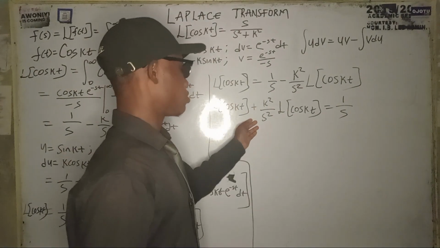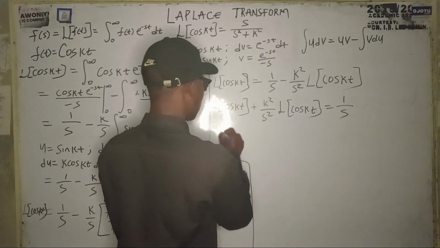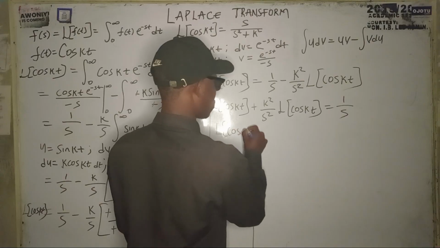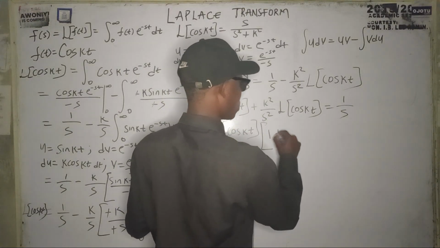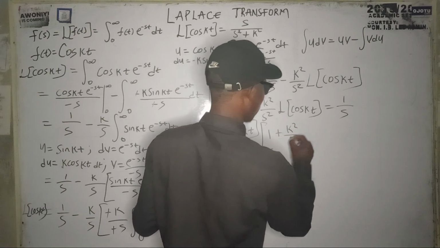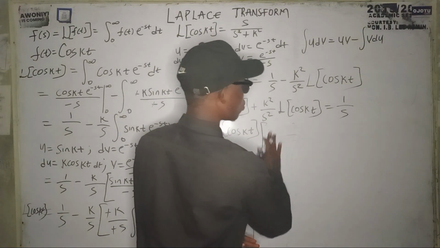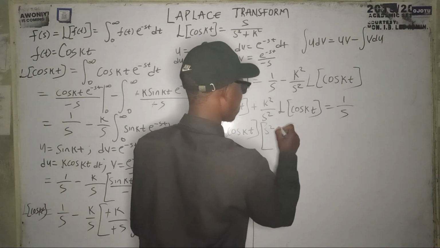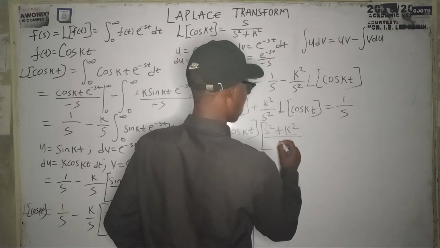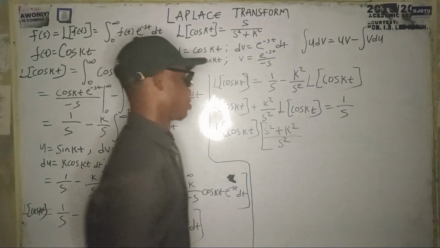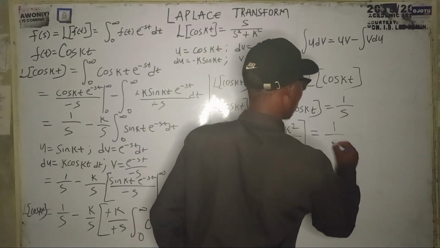Let's factorize Laplace of cos kt out. I have Laplace of cos kt into brackets. Now I open my big bracket 1 plus k squared over s squared, which, if we simplify it, is going to become s squared plus k squared over s squared.